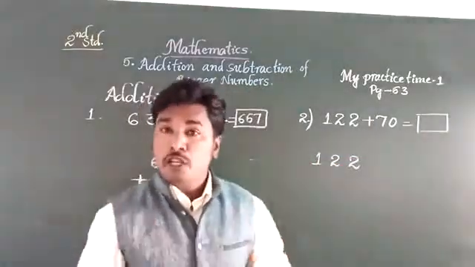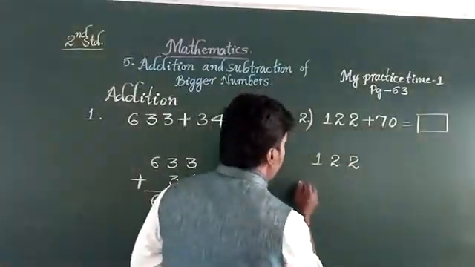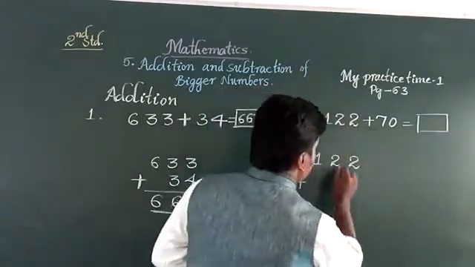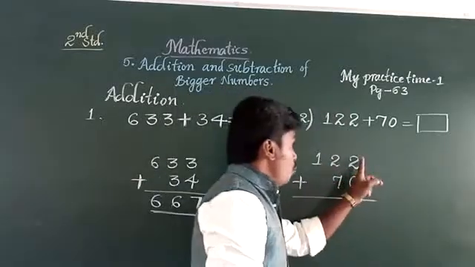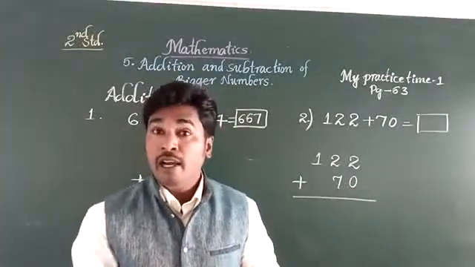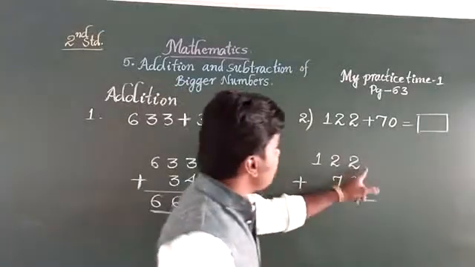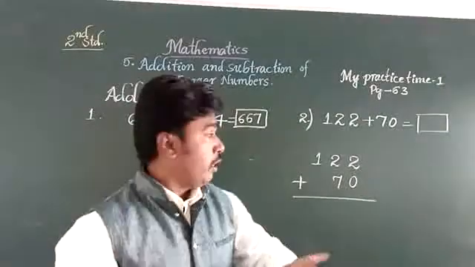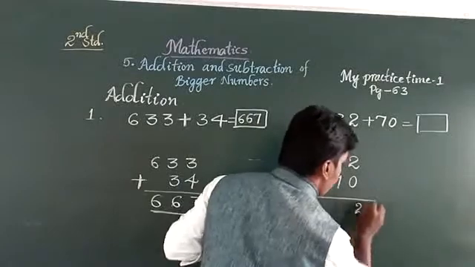The numbers in addition problems are called addends. Write the second number below the first number according to its place value. It is 17. 2 plus 7. Now 2 plus 7. So 2 you keep in your mind. After 2 you count 7: 3, 4, 5, 6, 7, 8, 9. How much? 9 you got.